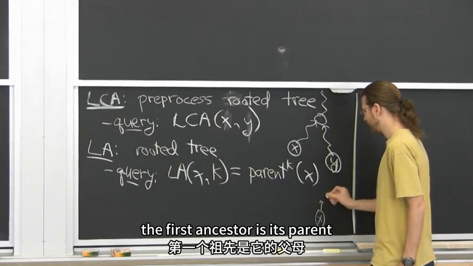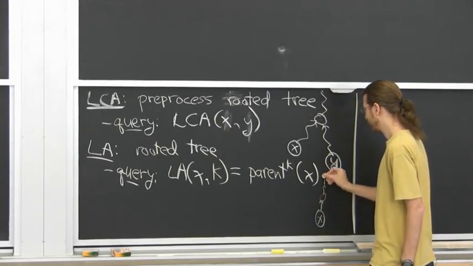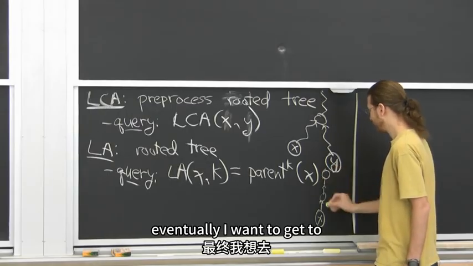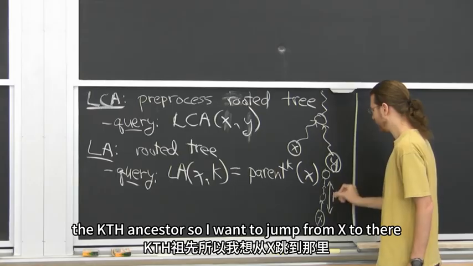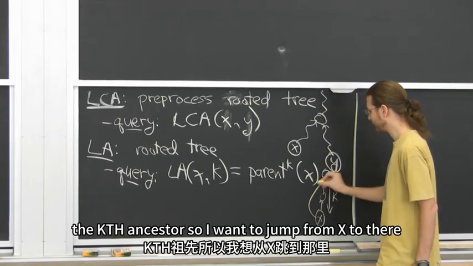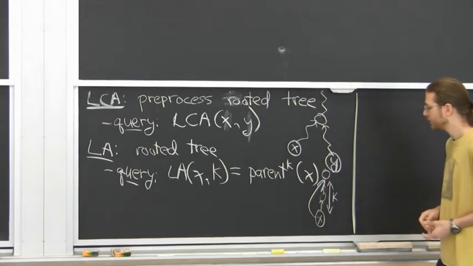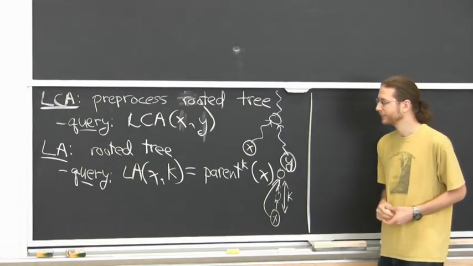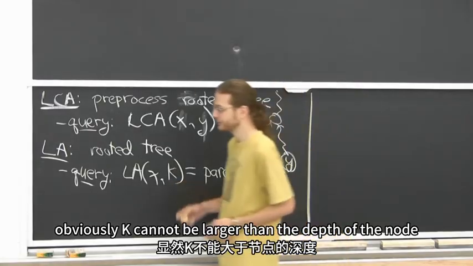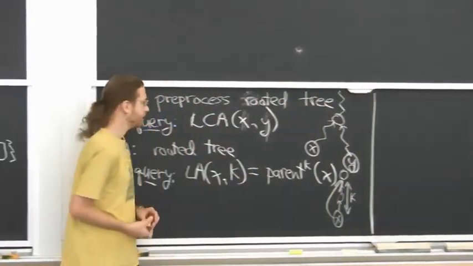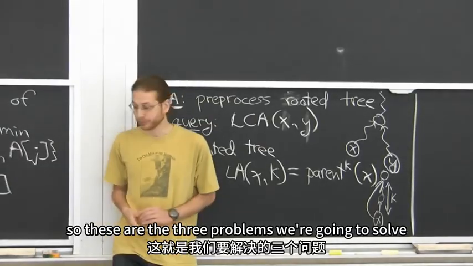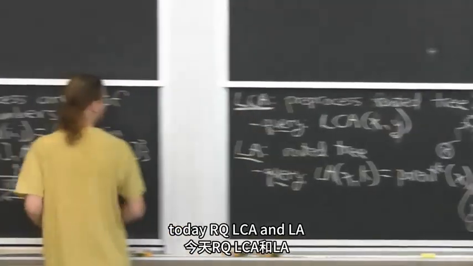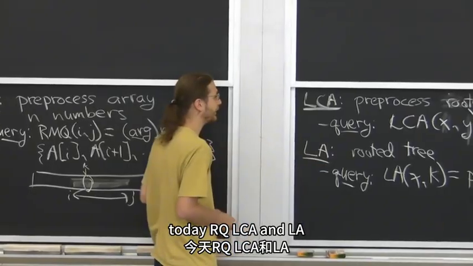The first ancestor is its parent. Eventually I want to get to the kth ancestor. So I want to jump from x to there. So it's like teleporting to a target height above me. Obviously, k cannot be larger than the depth of the node. So these are the three problems we're going to solve today: RMQ, LCA, and LA.